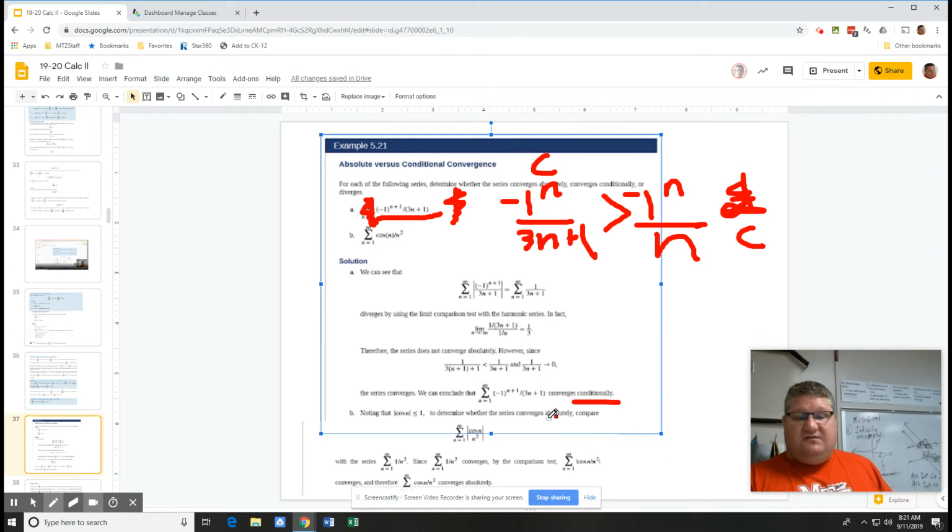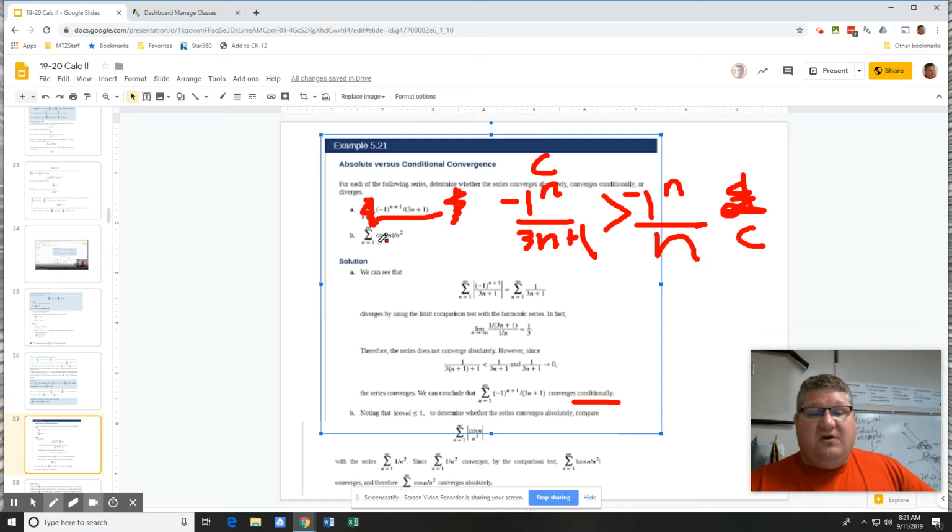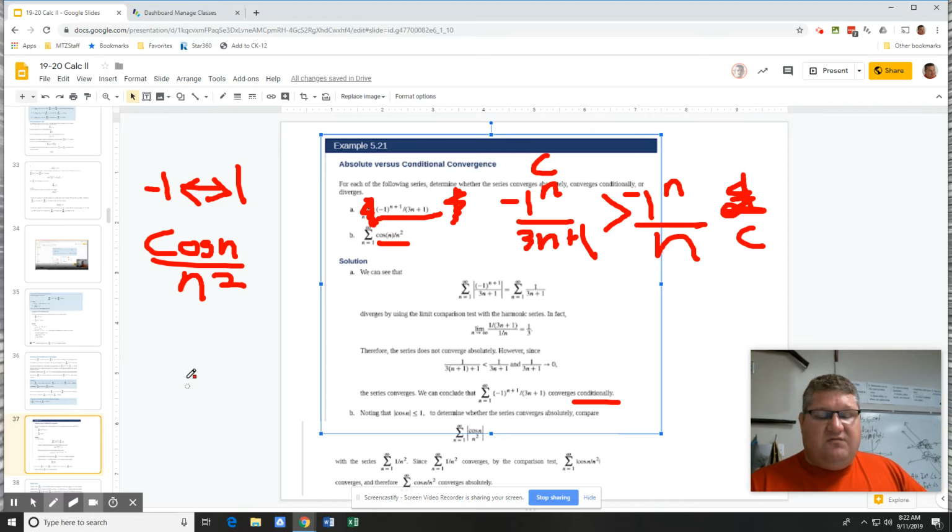Versus, let's take cosine of n over n squared. What would you compare that to? Here's the deal. You know cosine has to be between 1 and -1. So if I take the absolute value of this, I guarantee it's not bigger than 1.